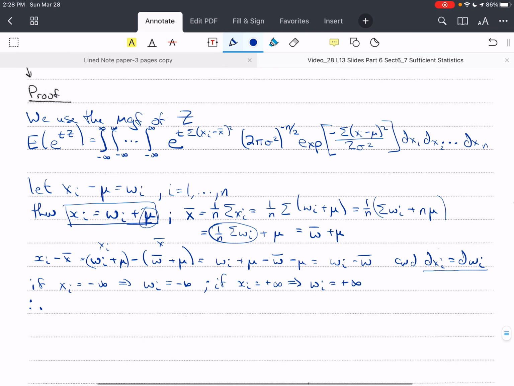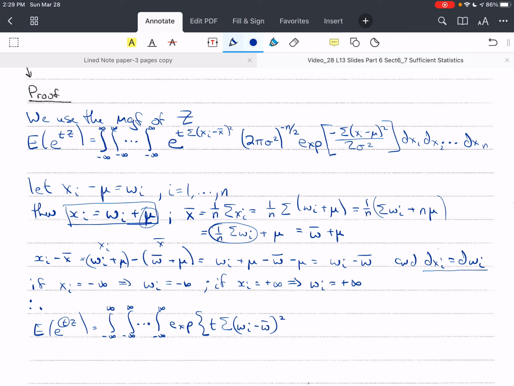Therefore, the expectation of e to the tz is equal to the integral from negative infinity to positive infinity, repeated n times, of exp, and I'm saying t, so yes, we have t from the t here, t times the sum of wi minus w bar quantity squared, okay?